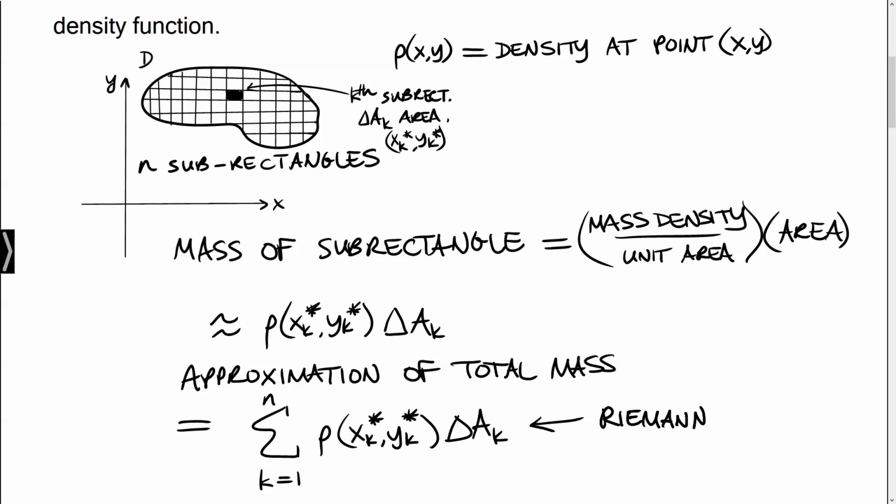This is the same type of Riemann sum that we got when we were finding the volume under the graph of a function of two variables. So as we let n go to infinity and the areas, the delta A sub k, go to 0, this is going to become the double integral, and that's how we're going to define the total mass over this region.